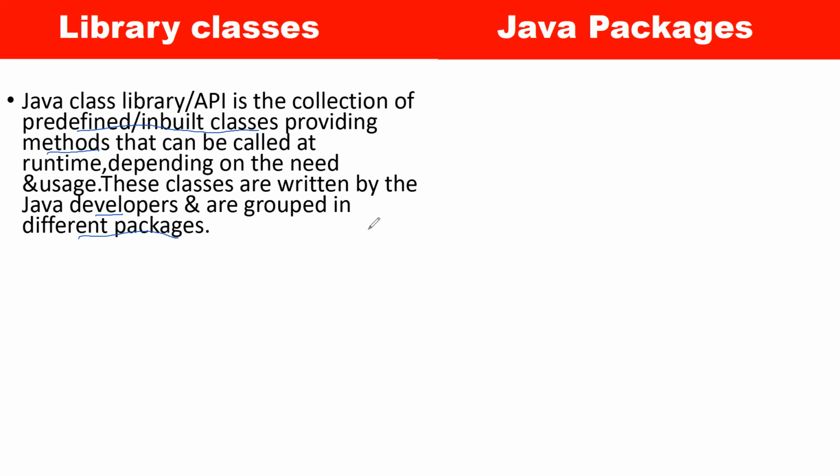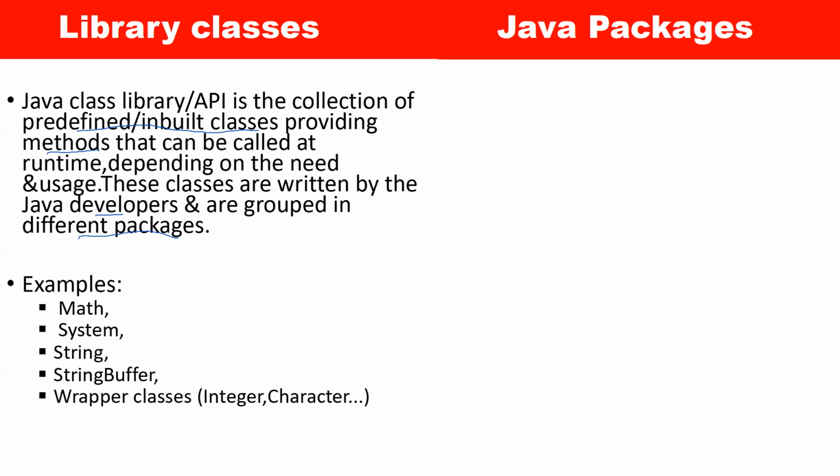For example, some of the predefined classes you know and have used in programs are the Math class. In Math class, you have many methods like sqrt, pow, etc. Right? There are many such methods.